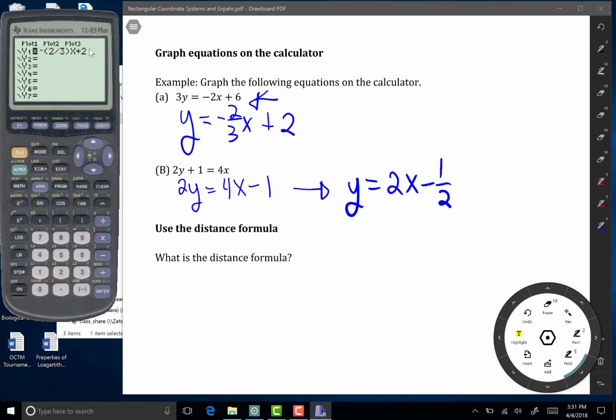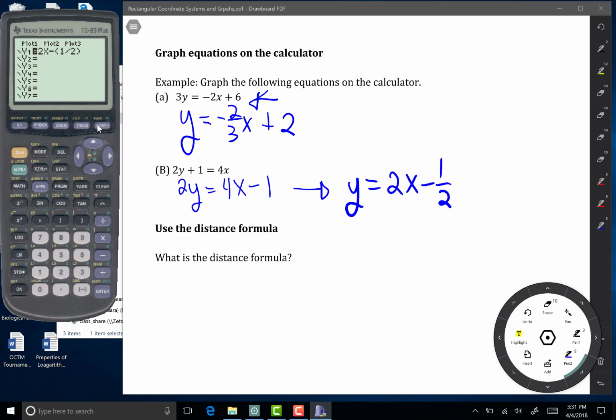If I want to keep that line in there, I can just go down to the next line. Or if I want to take that out, I can clear it and put in my next line. So I'm going to put in our new graph, which is 2x minus, and then I'm going to put in 1 divided by 2 for a half in parentheses. And I'm going to hit enter.